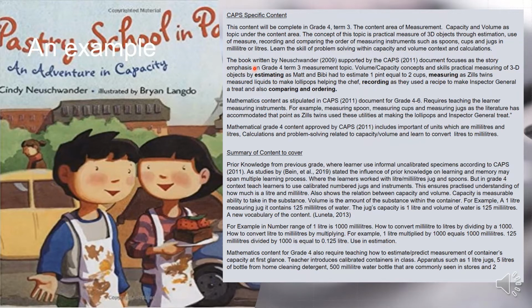The book was written to support the CAPS document, with the story emphasizing the grade 4 term 3 measurement topic.